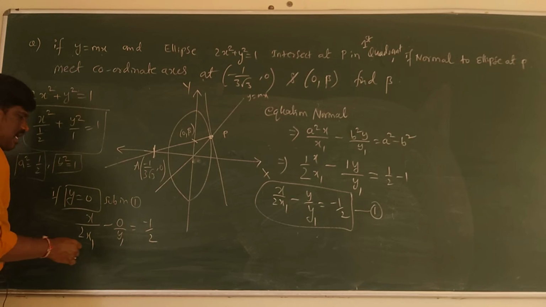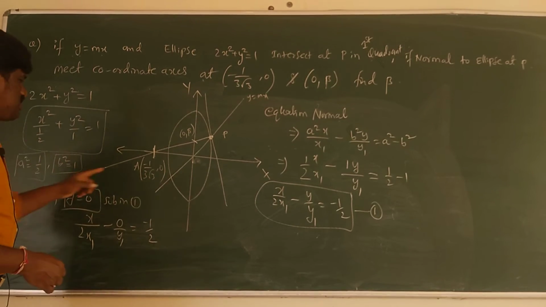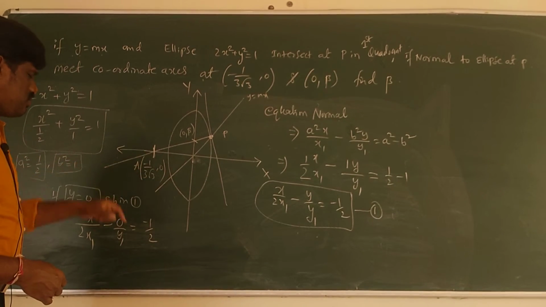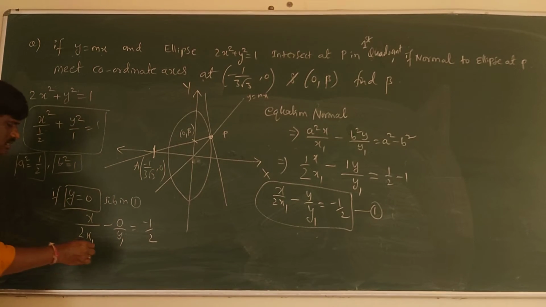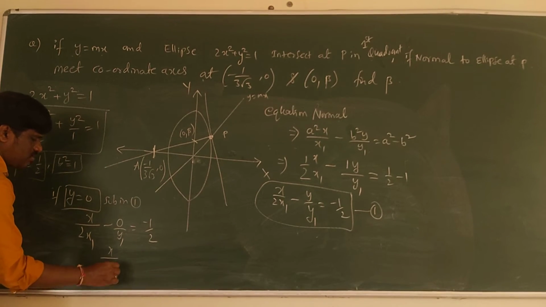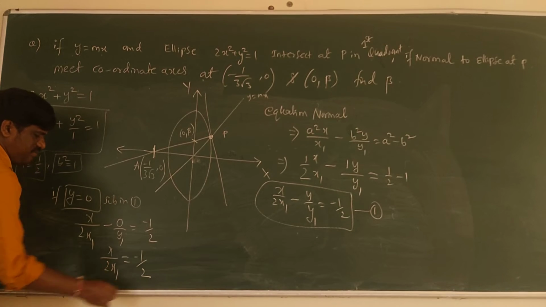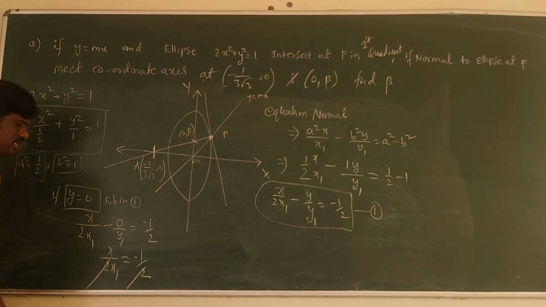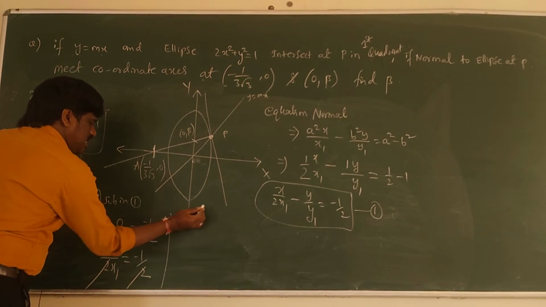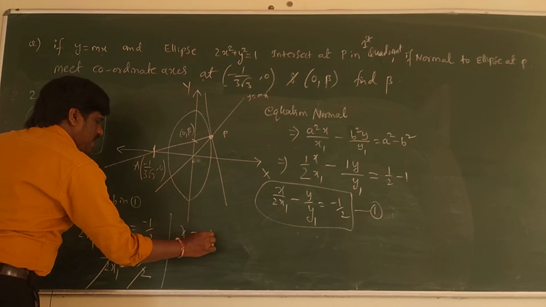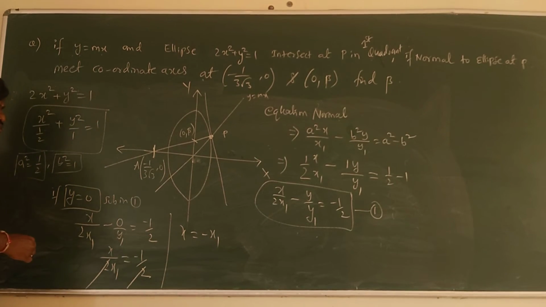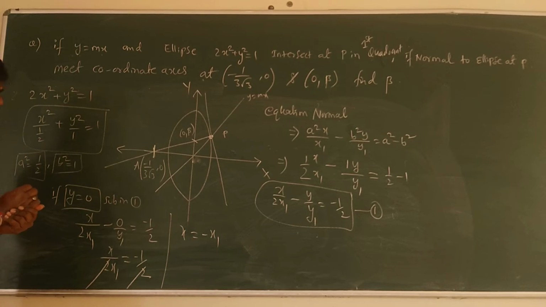So from here, y is equal to 0 I put here because it is intersecting the x-axis. So x upon 2x1 is equal to minus half. These 2 and 2 cancel out. So therefore I am getting here x is equal to minus x1. As you know, x is equal to minus x1 you got.